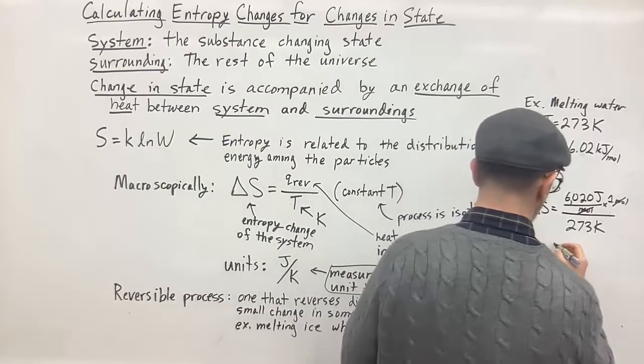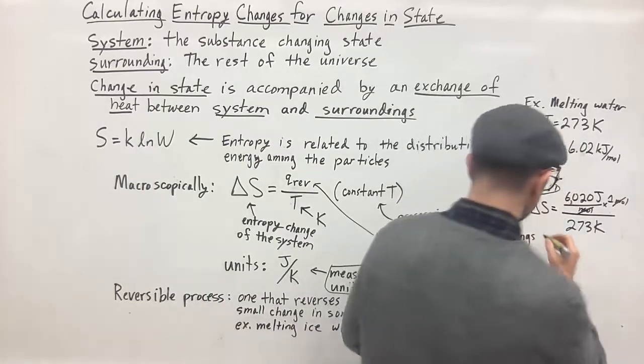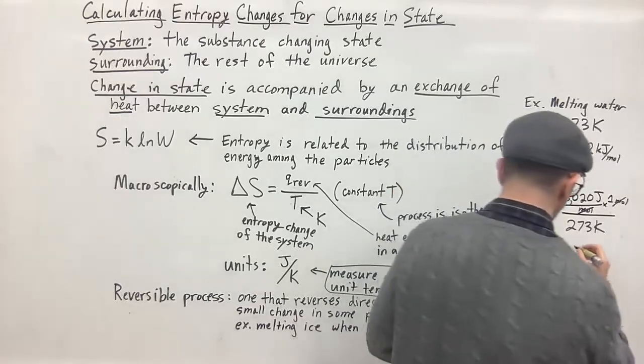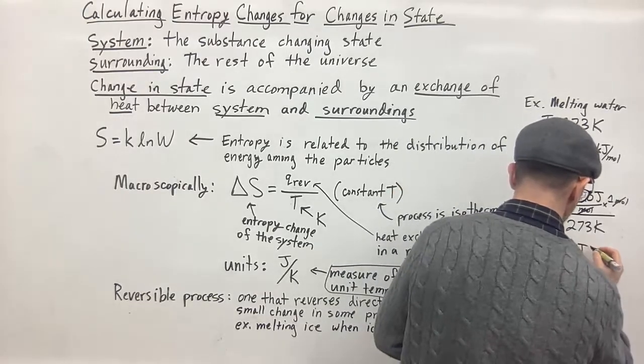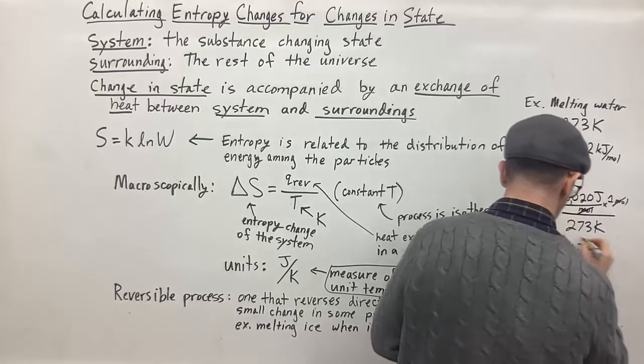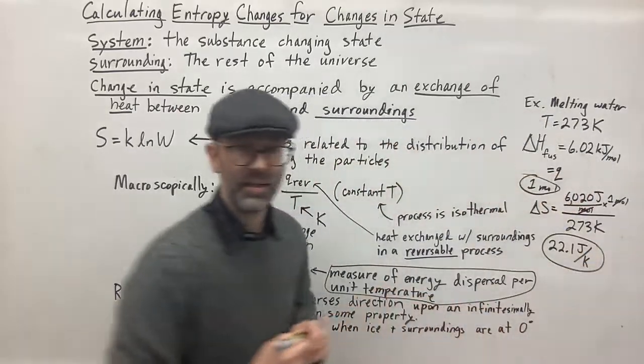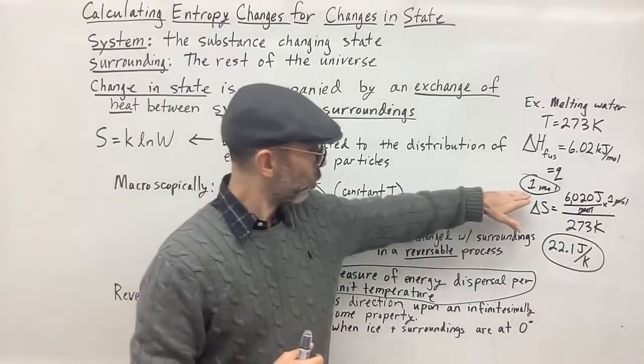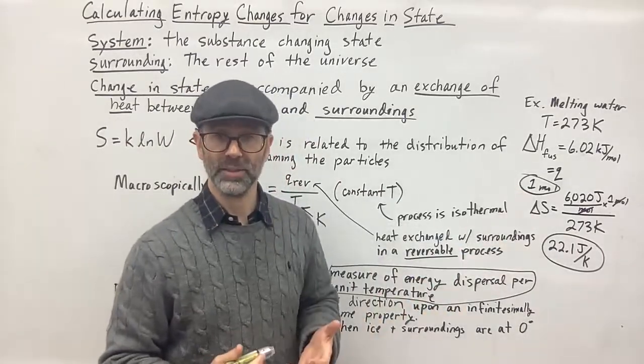And that comes out to, what I calculate, 22.1 joules per Kelvin. So that would be the entropy change of melting 1 mole of ice.